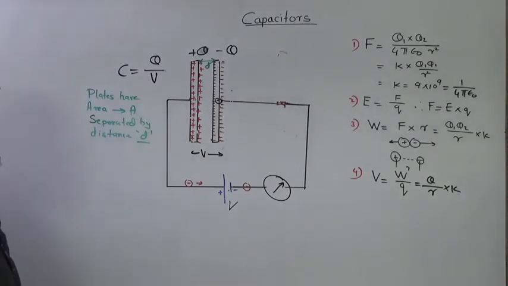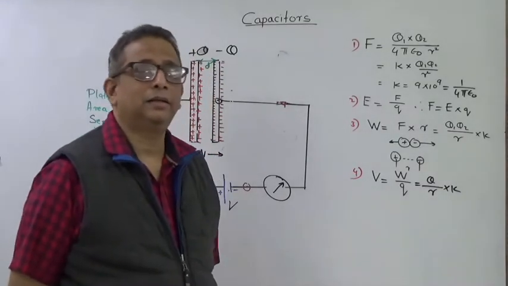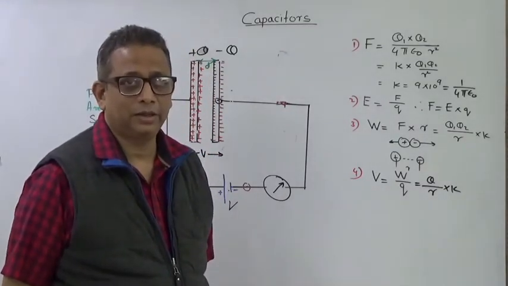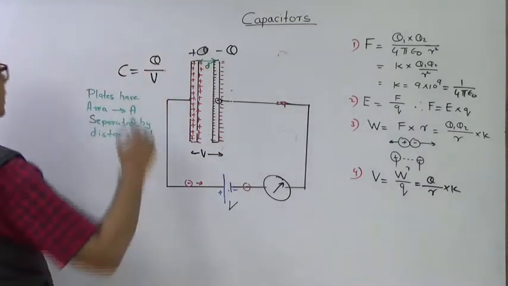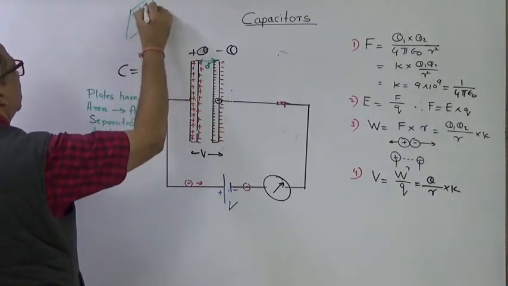Now when we are using this, there is one equation that we had done in the Gaussian surface theory. We had seen a plate which was full of charge.